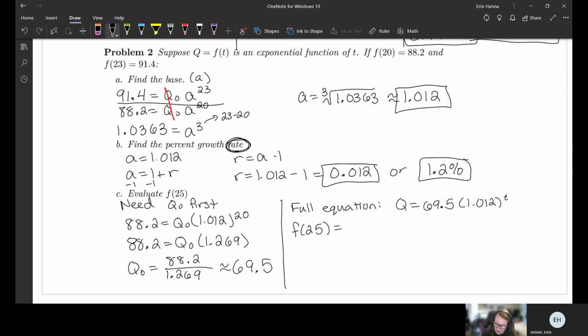So I want to plug in 25 to this equation. So 69.5 times 1.012 to the 25th, which will give you 93.648 approximately. So that is our value of f of 25.